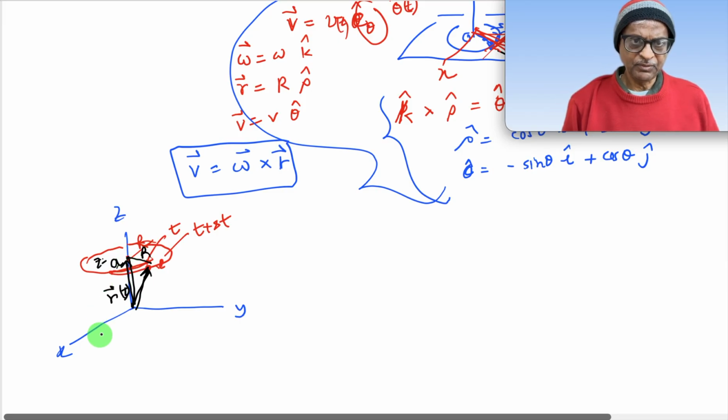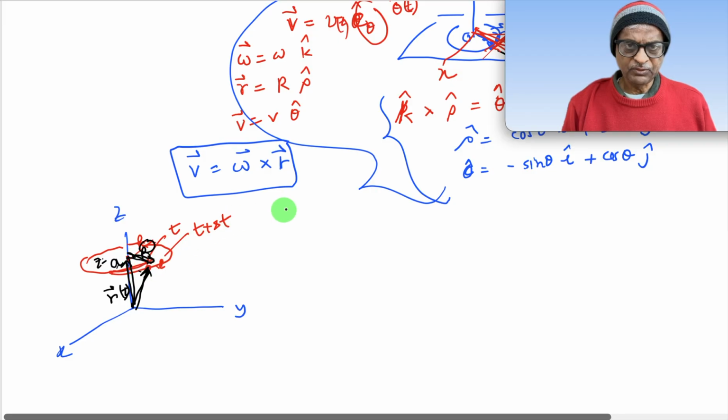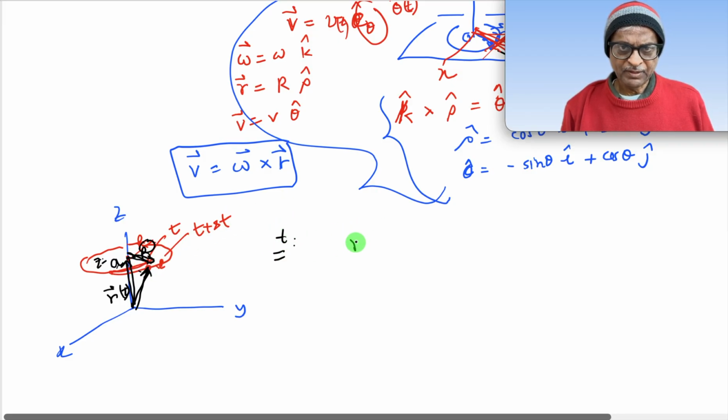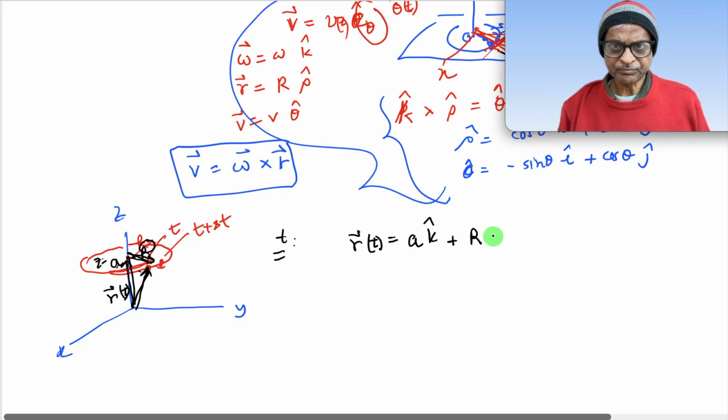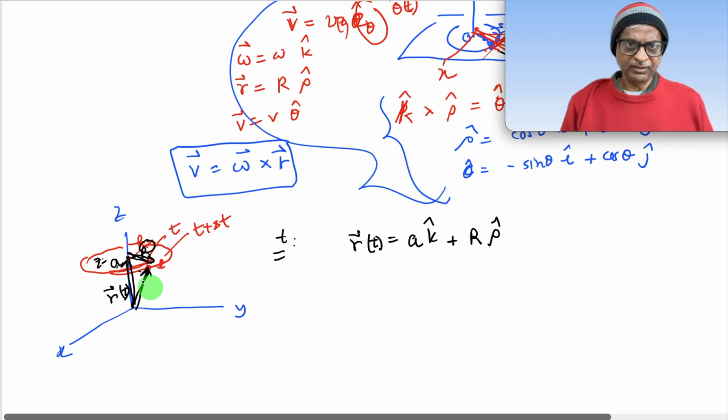So you can see that if you do a vector here, at time t you can see the relationship: r of t equals a k hat plus r, the radius, rho hat.